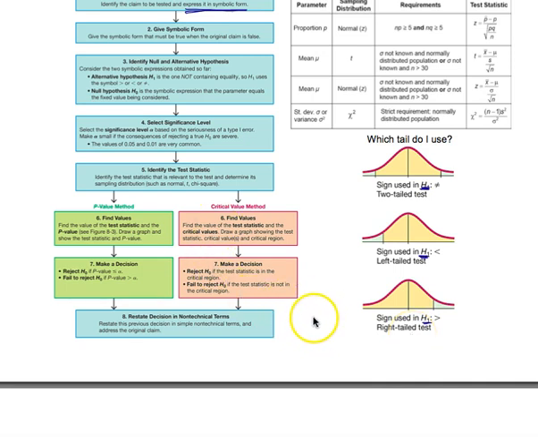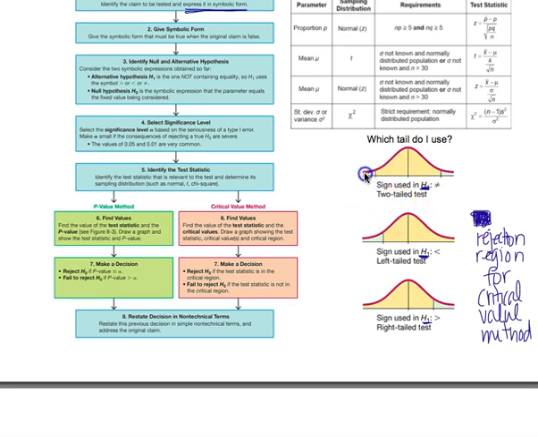When we are using these tails, what ends up happening is this gives us our rejection region for the critical value method. So if I make a little key here, this represents where the rejection region for the critical value method would be.